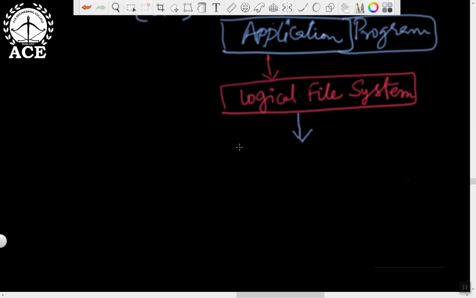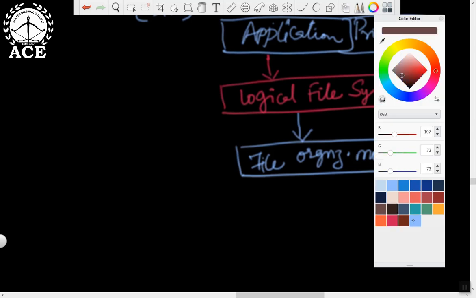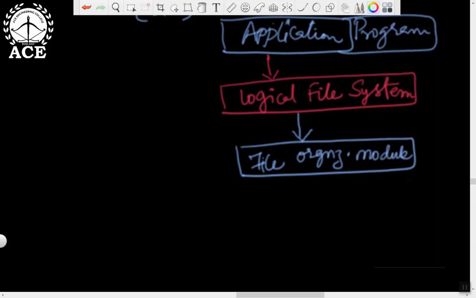Third layer is file organization module. I'm writing file organization module in short. Next, basic file system.